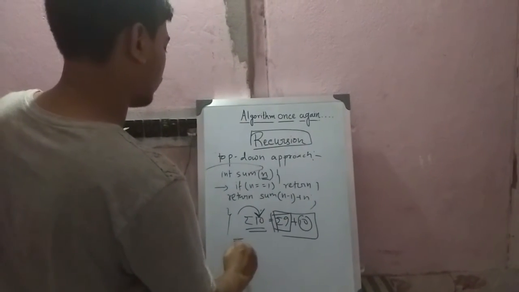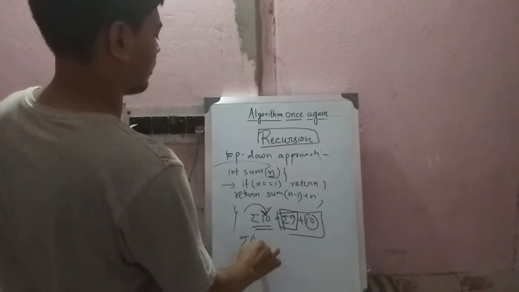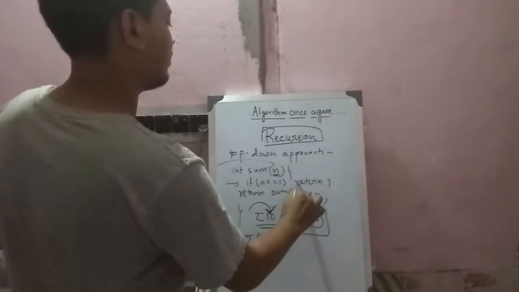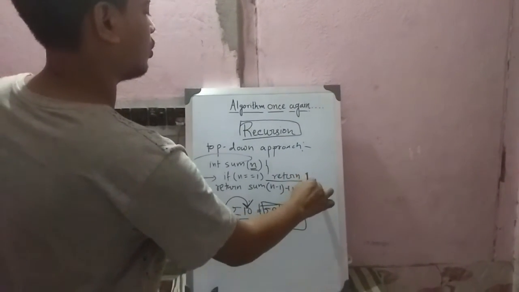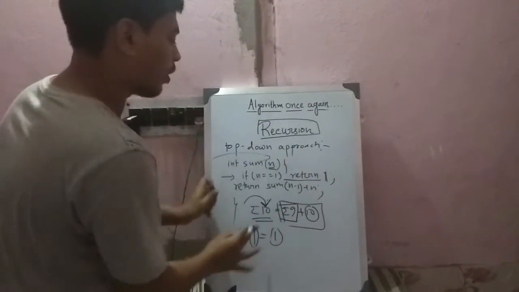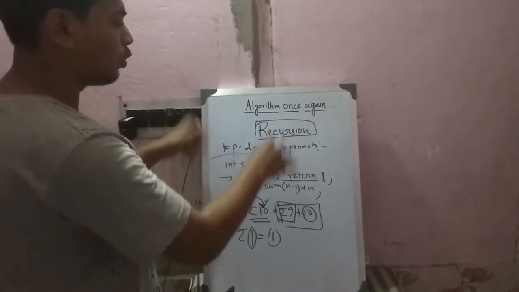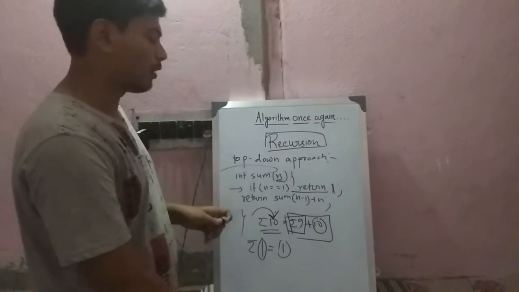We assume that we know the sum of the first one natural number is 1. So this is a base case, and with the base case we can terminate the code. So it is very necessary to think in a top down approach.